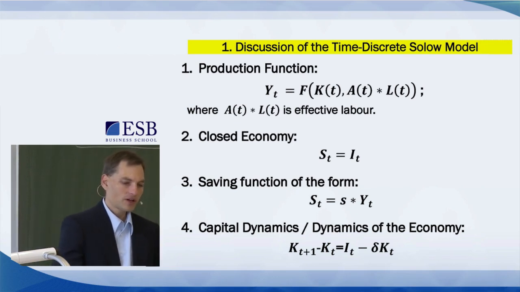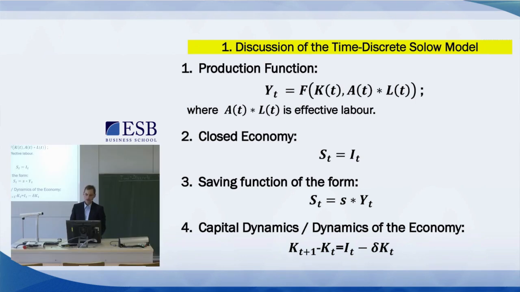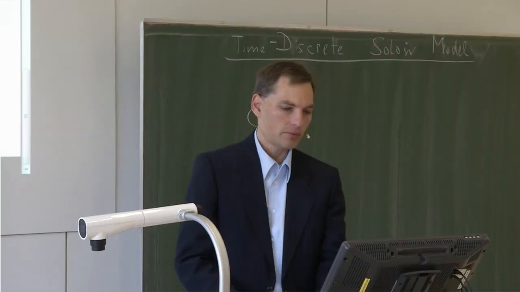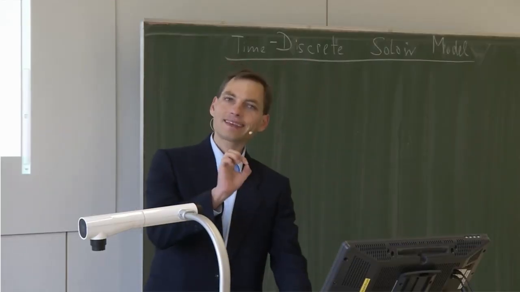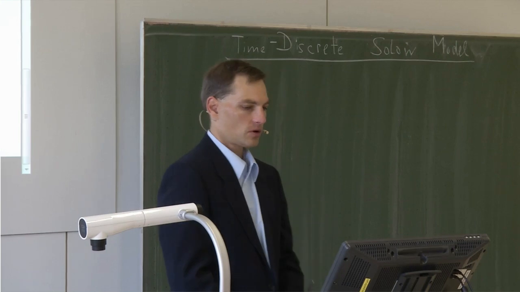So the key difference, basically, if you look at the first point, the production function, you see the production function consists of capital and labor. Well, the only new point here is that I assume that A, the technology factor, is in front of the labor factor, which is called effective labor, A times L. So this is a slight difference, but not the key difference in the time discrete Solow model.